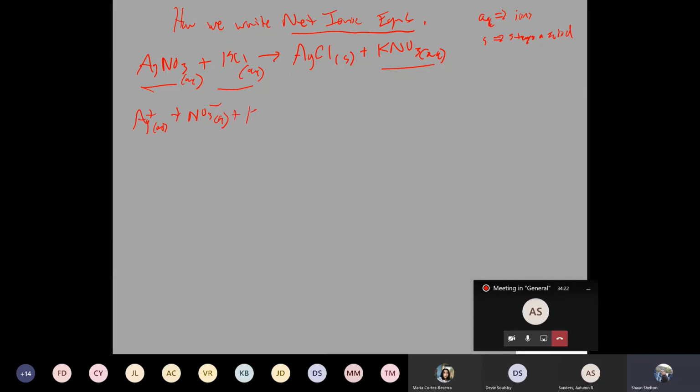We see the KCl is aqueous, so it's going to break down in a similar fashion. All right, so here we have our 2 reactants that are broken down. We do not break a solid, so you keep it AgCl solid, but there is one product that we do need to break down, and that's potassium nitrate. So the potassium breaks down, and then your nitrate breaks down as well. So here we have our 2 products.